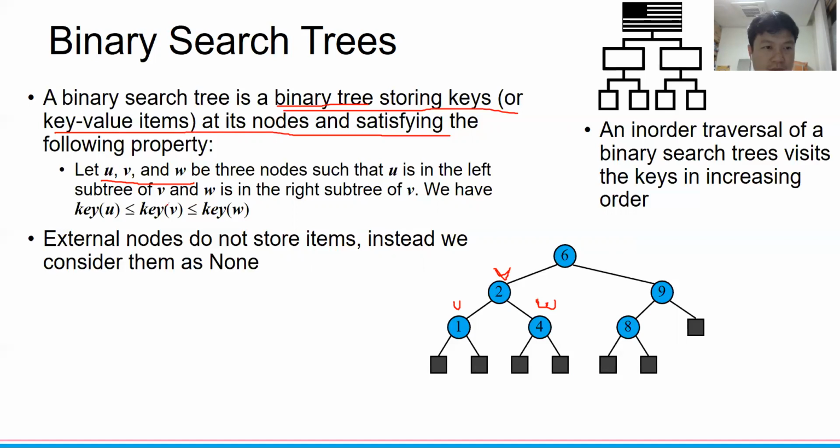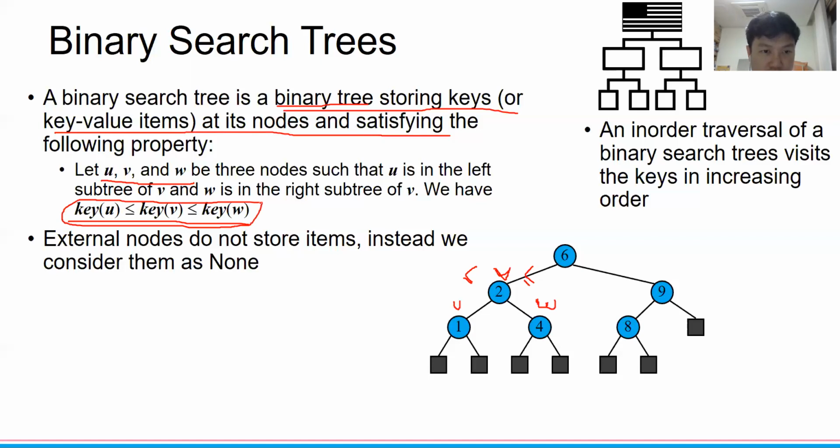If we have u in the left and w on the right, we need to satisfy this property. So u should be less than v, and w should be greater than or equal to v. Okay, so this is the concept.